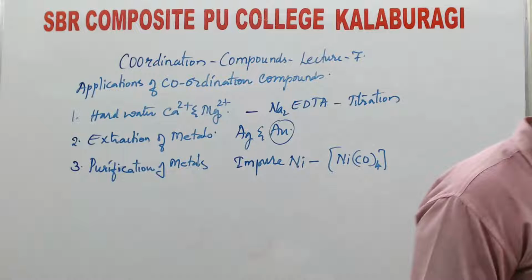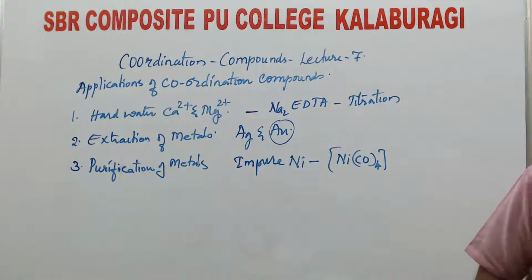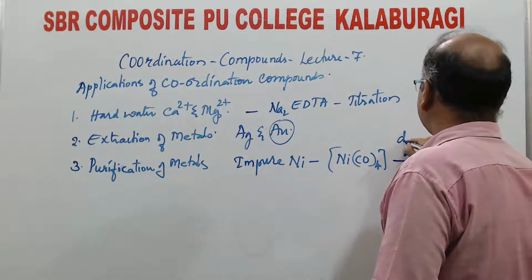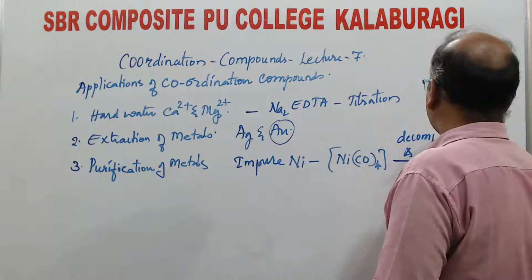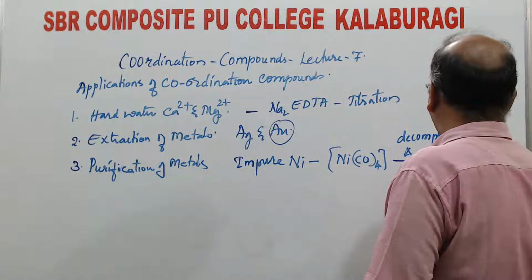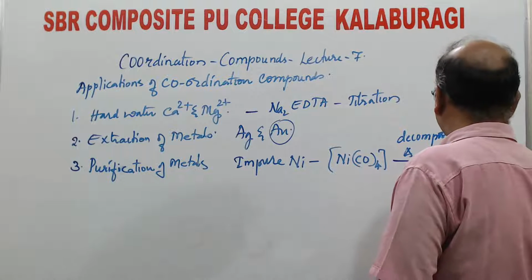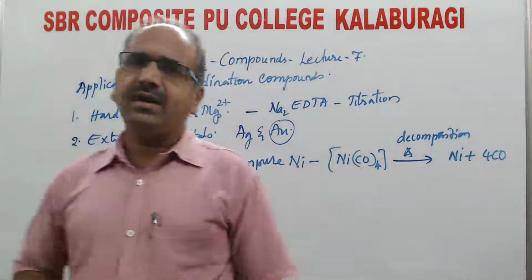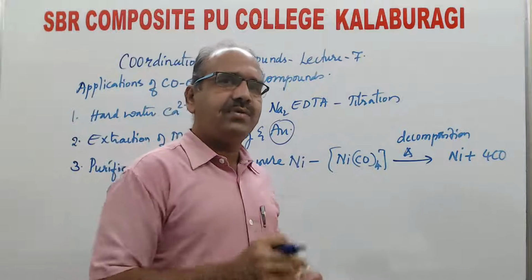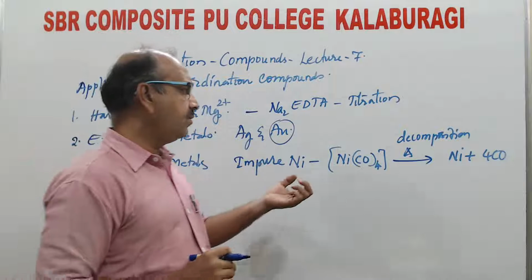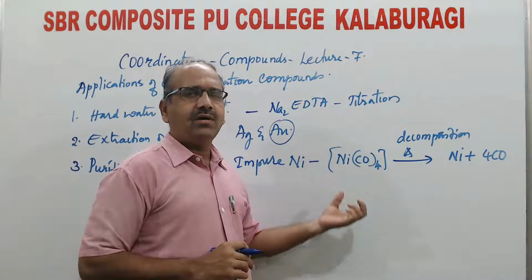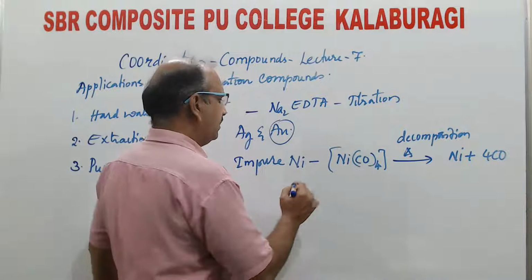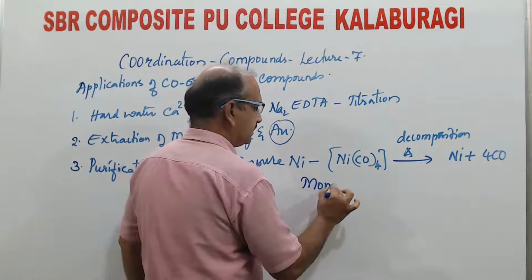Later, this nickel tetracarbonyl is decomposed, carbon monoxide is removed, and you get only the nickel. Whatever other impurity is present is removed by coordinating the carbon monoxide with the nickel. This process is called Mond's process.